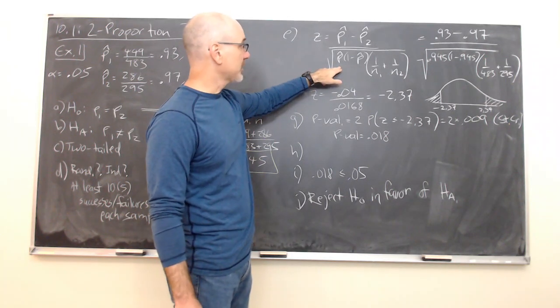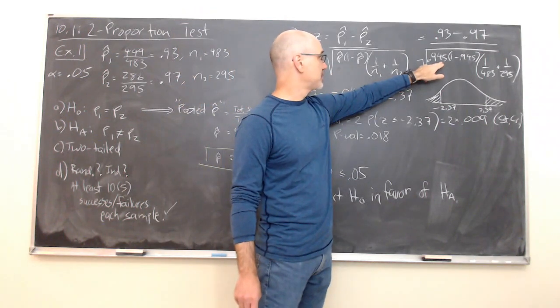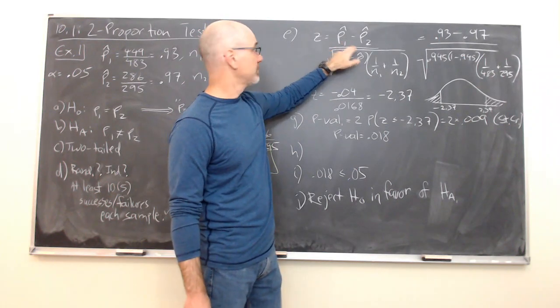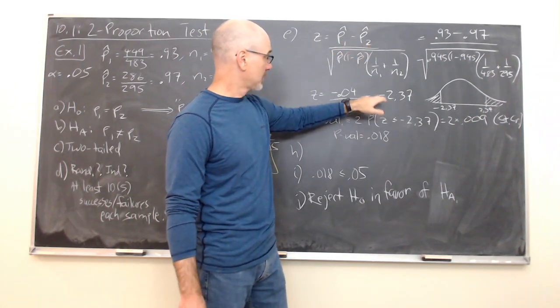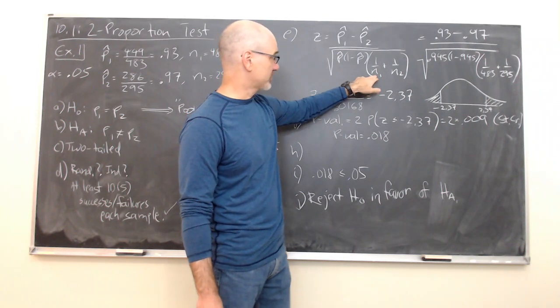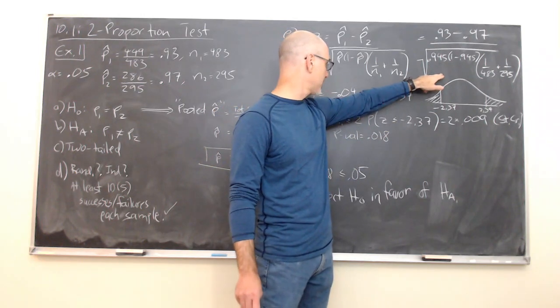So when we plug in our numbers, the 0.945 is from the pooled estimate, p hat 1 is from our first sample, p hat 2 from the second, and then the sample sizes, N1 was 483 and N2 was 295.